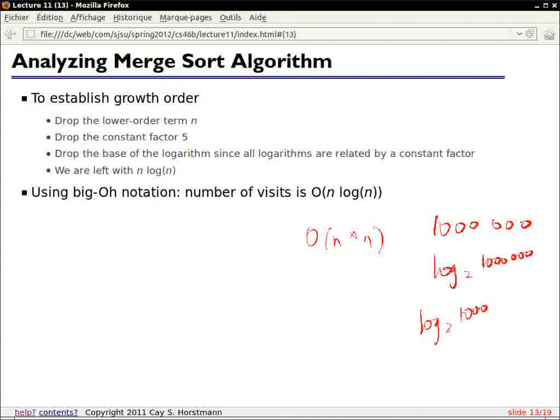All right, let me ask something even easier. What is log 2 of 1,024? Well, let me ask something that's even easier. What is log 2 of 2 to the 10? 10. All right, that's what the log is. 2 to the 10 is the same thing as 1,024.